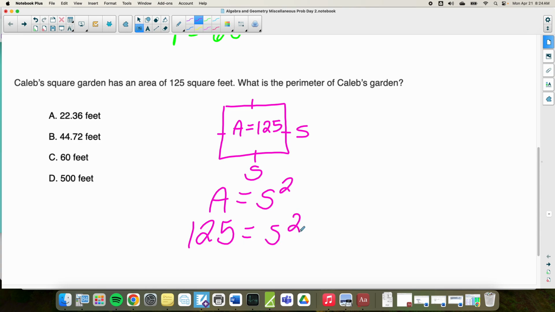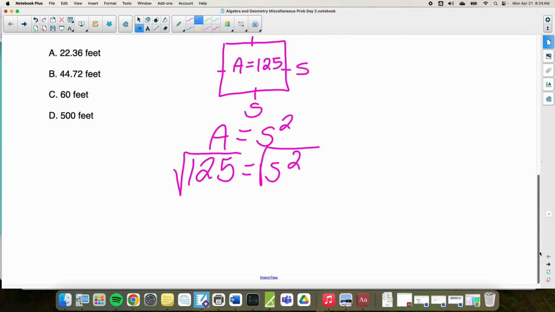Square root. Now I'm guessing that you could use a calculator on this, but that's one thing I am not certain of. Could you guys estimate the square root of 125? You have to think about what two perfect squares it would be between.